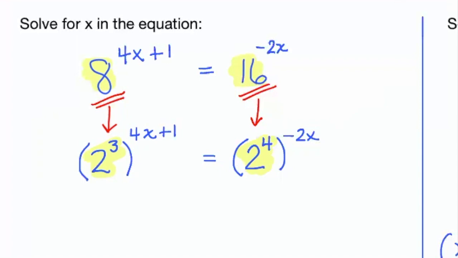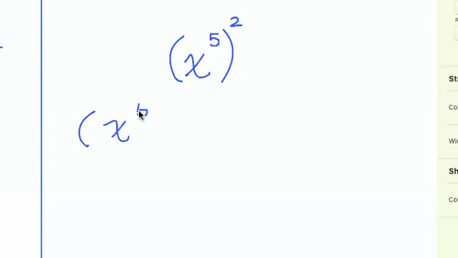We're going to apply the power raised to a power rule for exponents in our next step. There is a rule having to do with exponents that says, if you have, for instance, x to the fifth squared, there's a way to simplify this. X to the fifth squared would technically mean an x to the fifth times an x to the fifth.